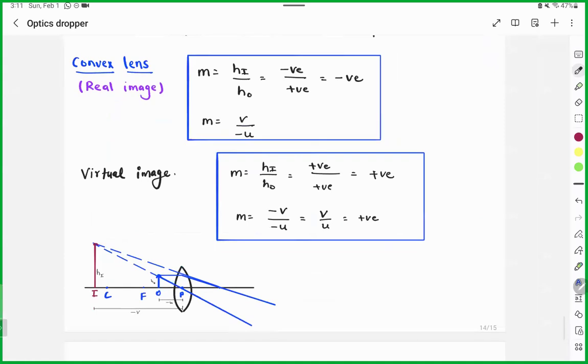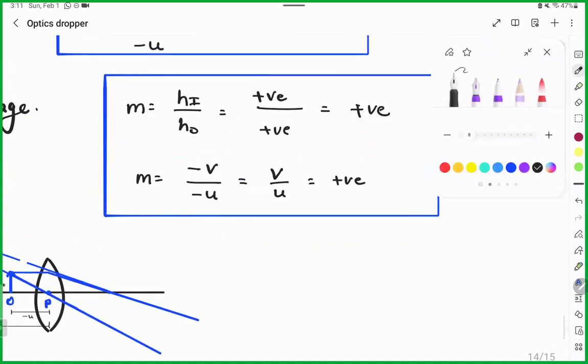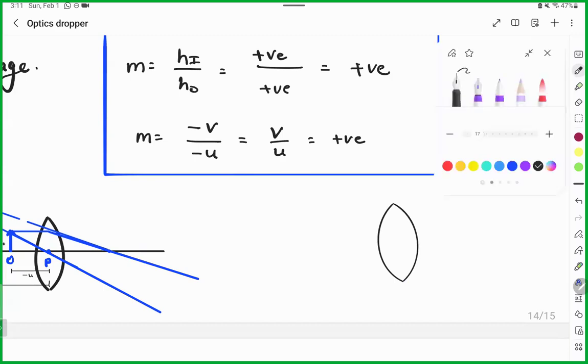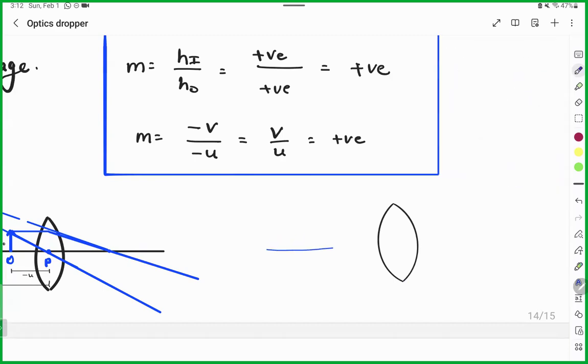Any doubt? But usually, if you place anything beyond the f, you will get the real image and inverted. Example, this is the focus, this one is the center of curvature.